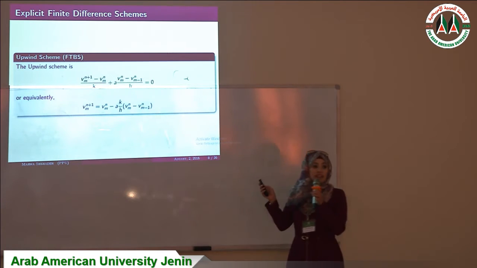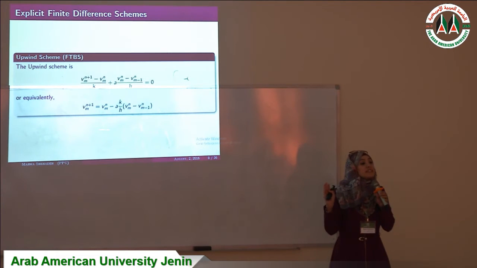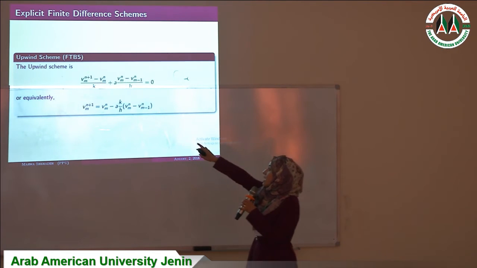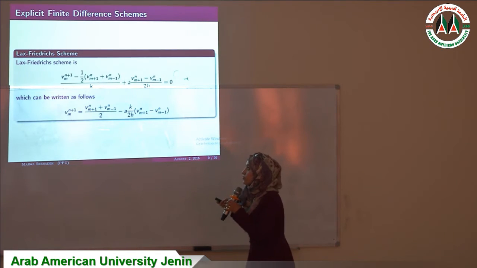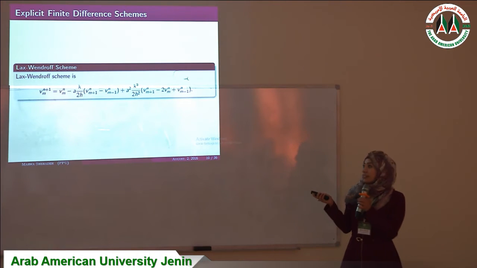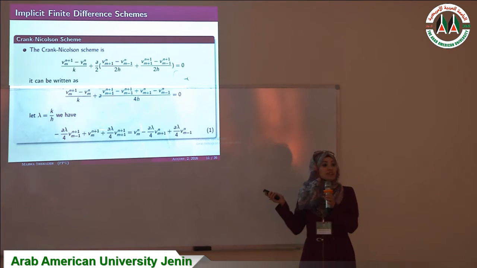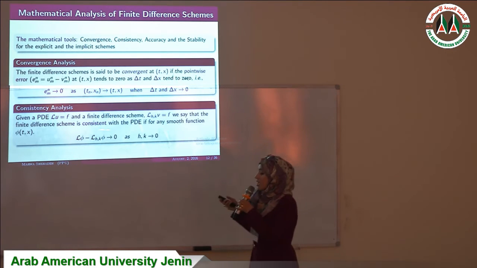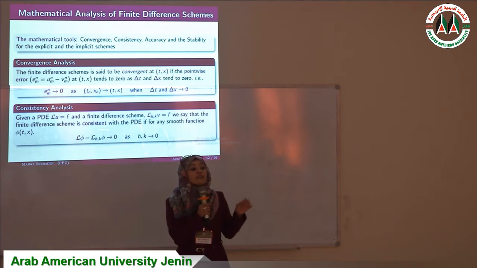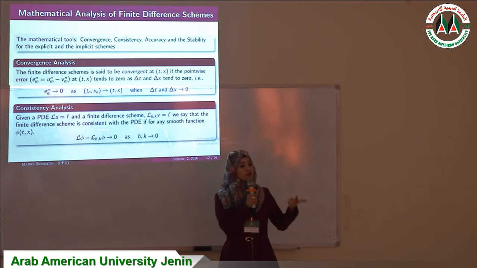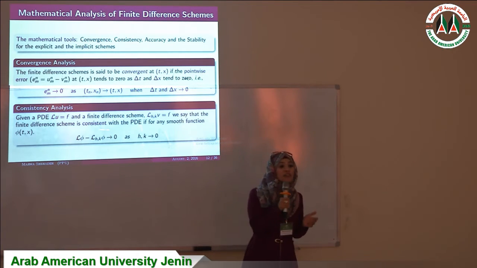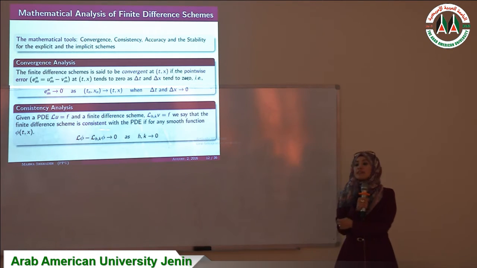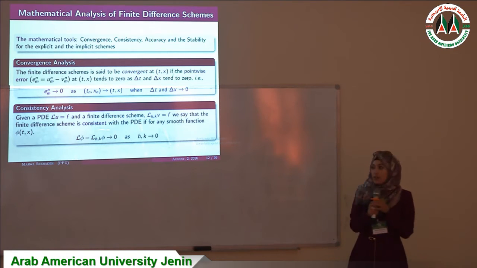I will talk firstly about the explicit and implicit schemes I use in my method. The explicit methods are the upwind scheme, Lax-Friedrichs scheme, and Lax-Wendroff scheme, while for the implicit scheme I use Crank-Nicolson. Then we'll talk about the mathematical tools: convergence, consistency, order of accuracy, and stability, which I proved for the previous explicit and implicit schemes.